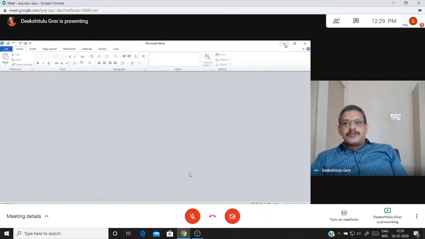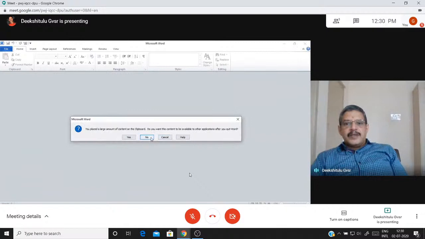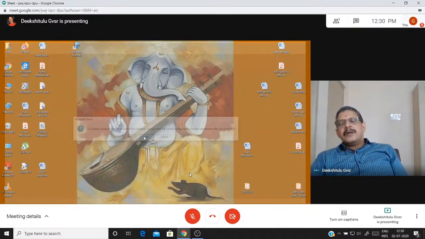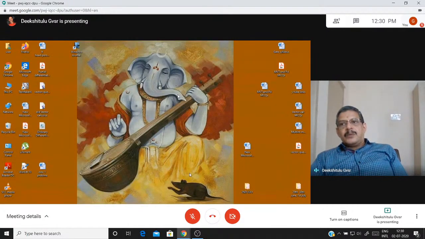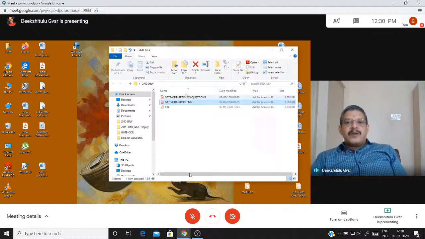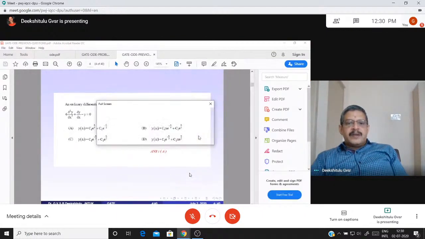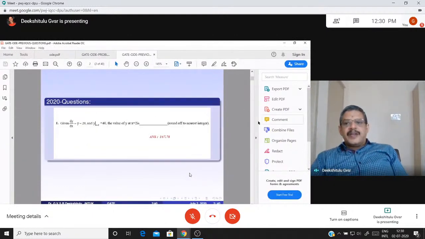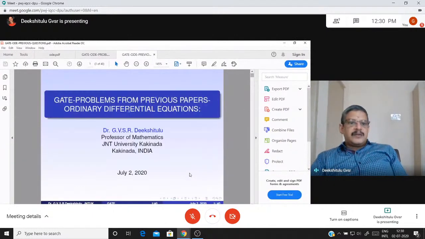So tomorrow's schedule is we have 2 more methods left in higher order equations. We have to complete one is the exponential function, the mix of functions, 2 methods, and x power k, we have to do some problems on that. These 3 methods we have to complete, and then what is left is we have to deal with previous question papers on differential equations in GATE, that we have to still go through.